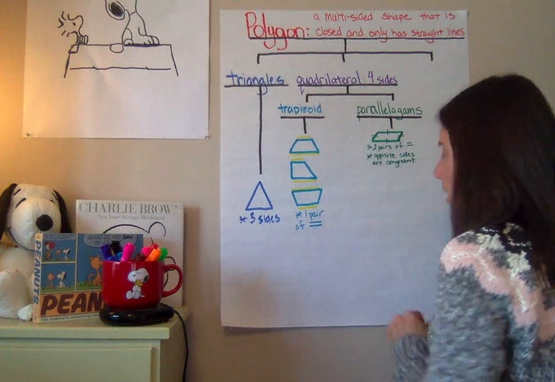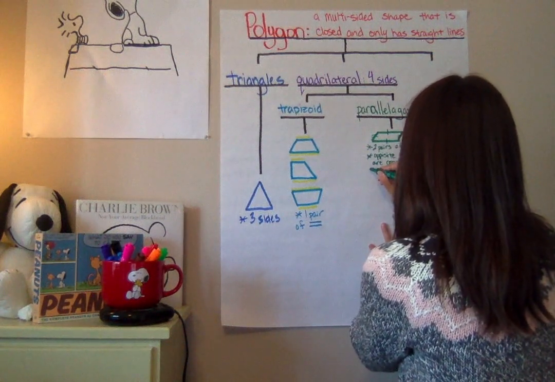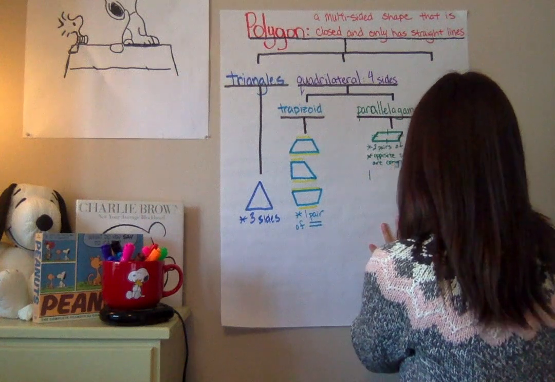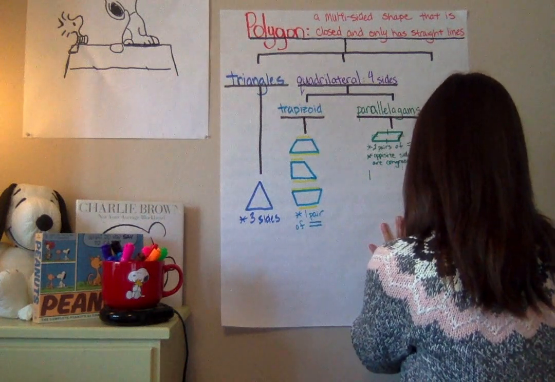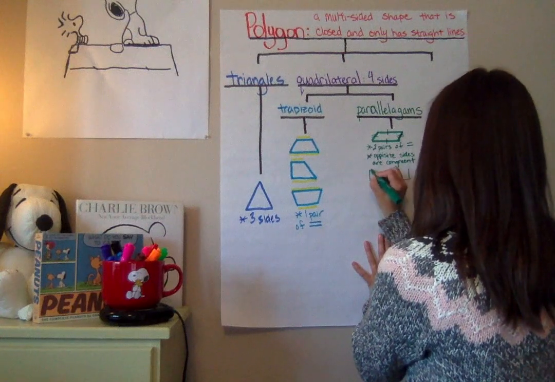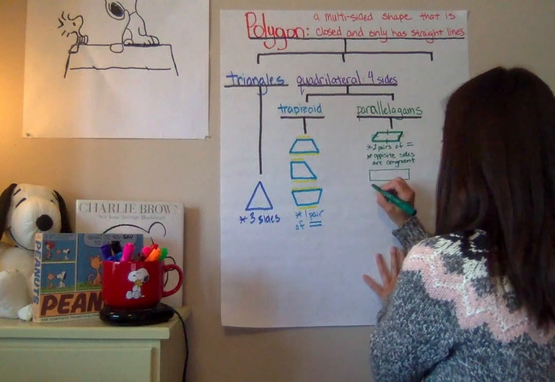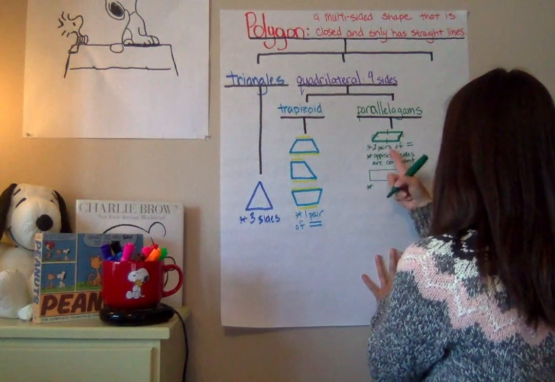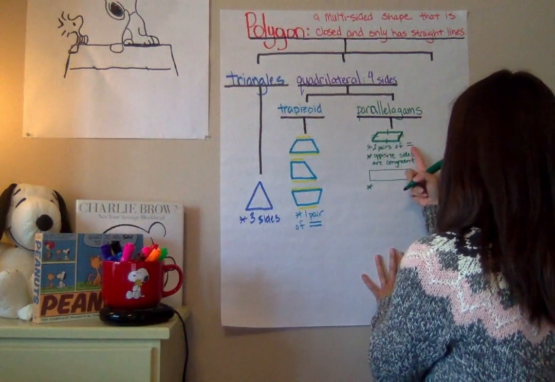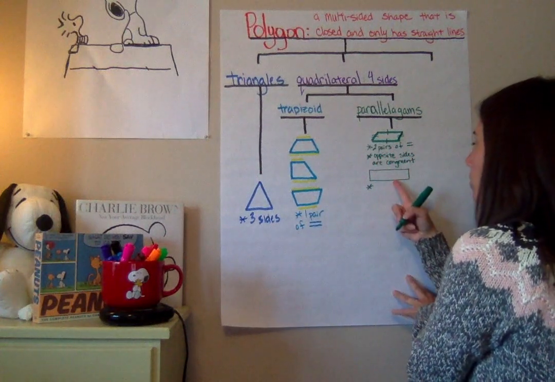All right, so now I'm going to do a rectangle. A rectangle is a parallelogram, but has a couple more attributes. Okay, so again, there's two pairs of parallel lines, and the opposite sides are congruent.